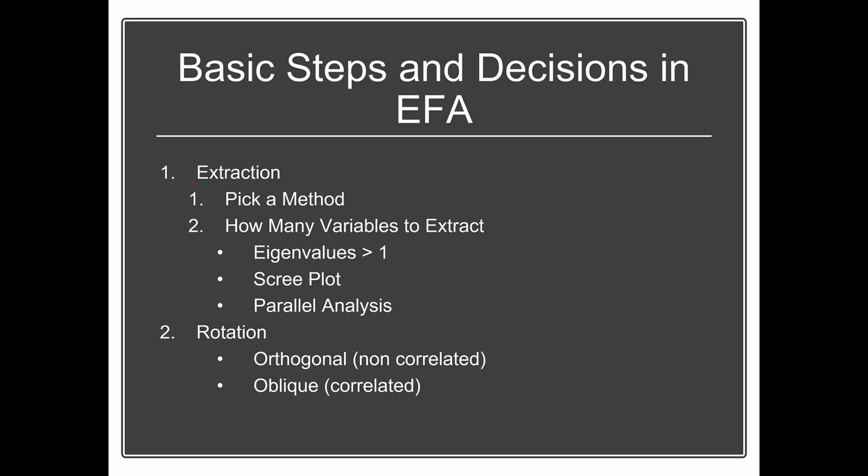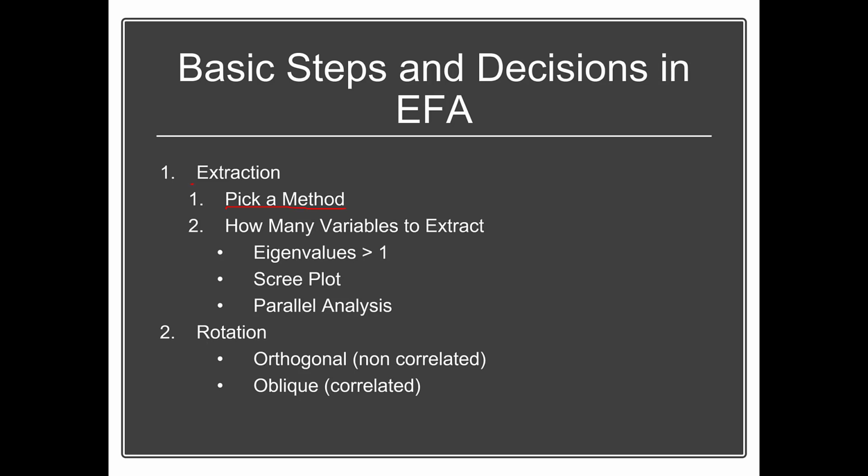So we'll have to pick a method. There are a lot of names for the different methods that we have. I'm going to break it down to the ones that you should be using. Then we have to decide how many factors we're going to extract. Because, for example, on the WAIS, if you give the 10 subtest version, you could create 10 different factors to extract, but we're going to decide how many factors we're going to extract.